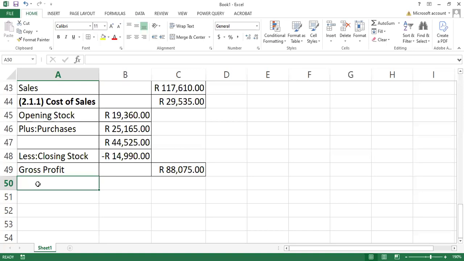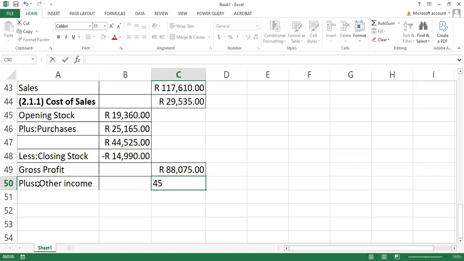So I'm going to say plus other incomes. Let me just write it there. Our other incomes is 4580.